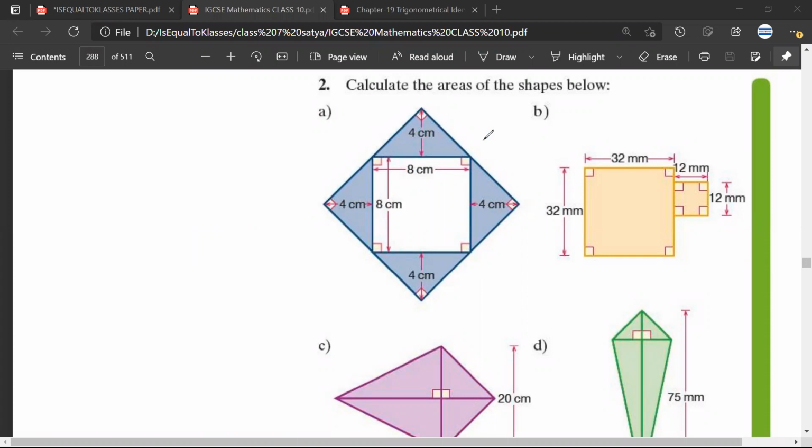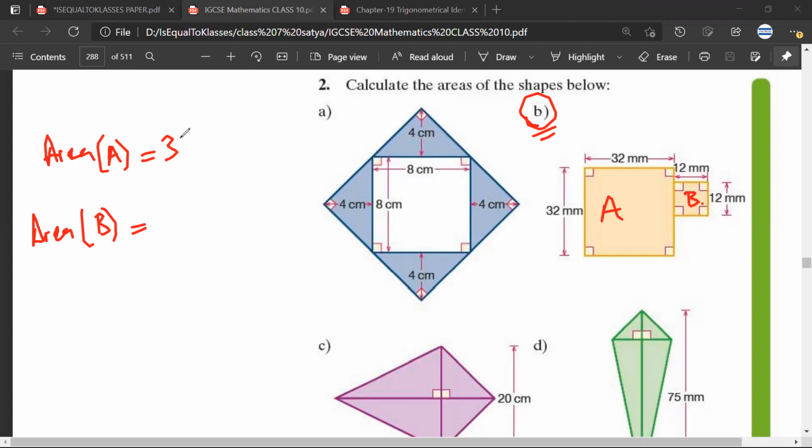Okay, Sarthak, were you able to do B part? Yes, sir. How did you do it? So I divided both the shapes. So the bigger square is the A part and the smaller one is the B part. Okay. So area of the A part will be 32 centimeters into 32 centimeters.